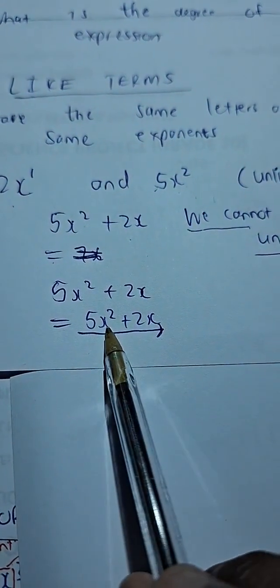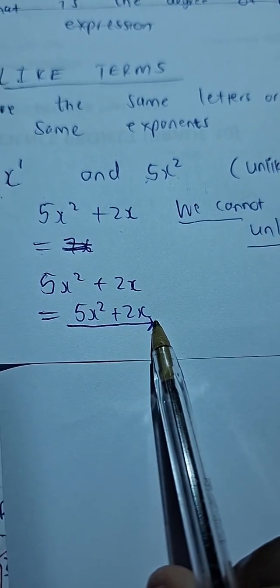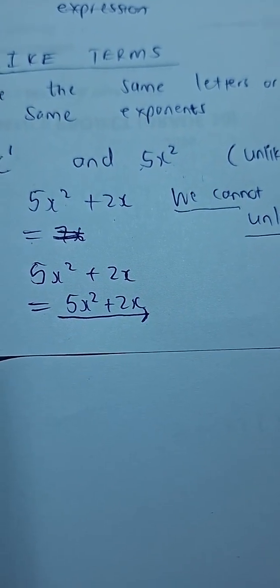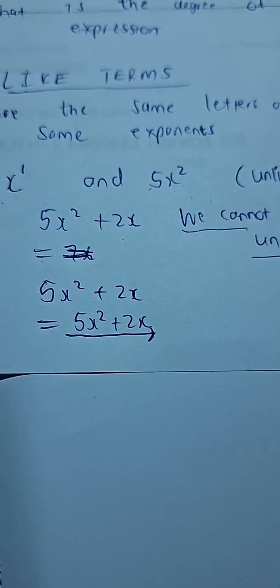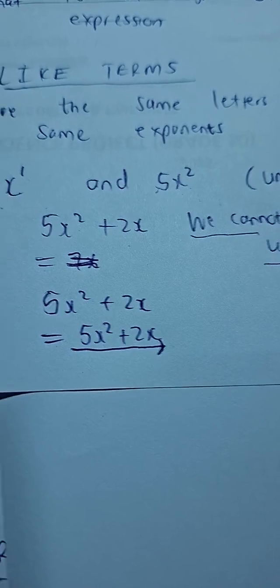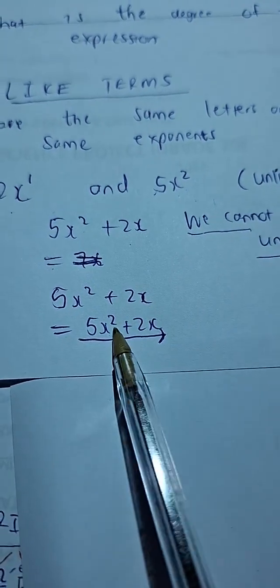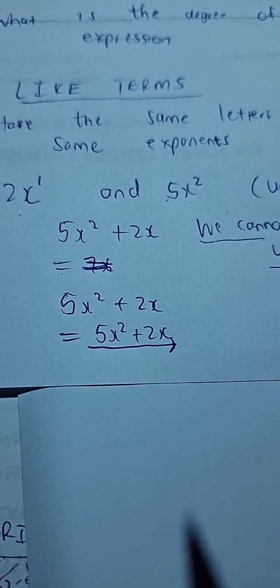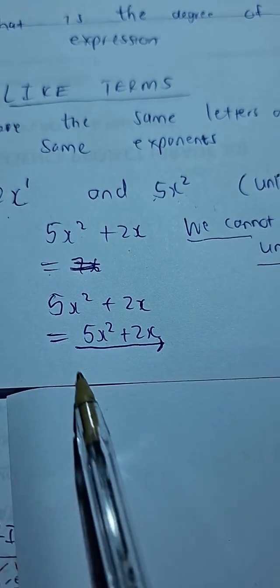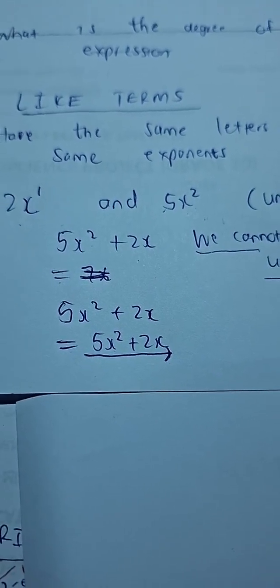We basically write the question as it is. It is 5x squared plus 2x. These are unlike terms. We cannot add or subtract unlike terms. Remember, Donald, this is not a question that is saying factorize. This is a question that's saying simplify. So you taking out the x and writing 5x plus 2, you're not doing anything.